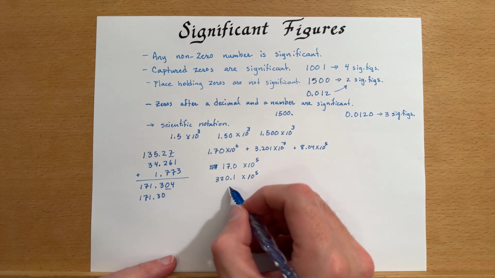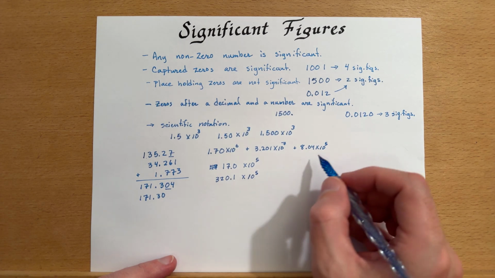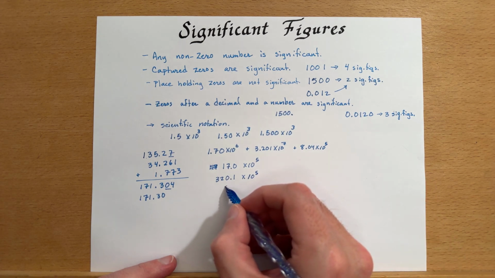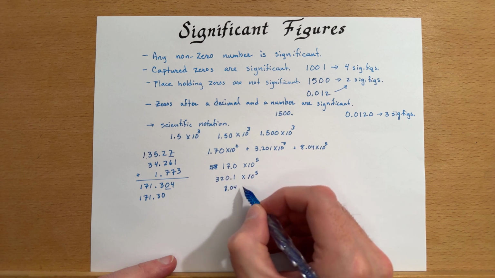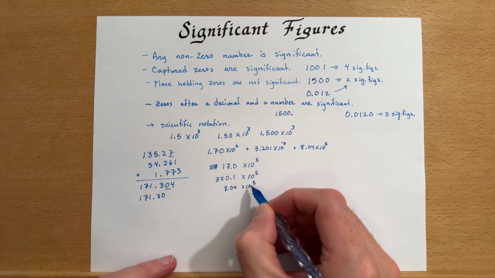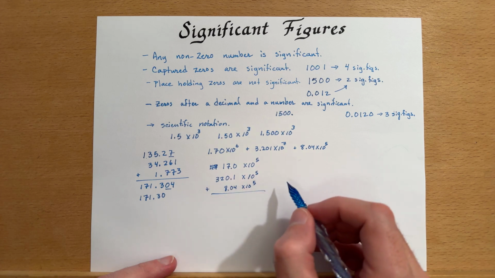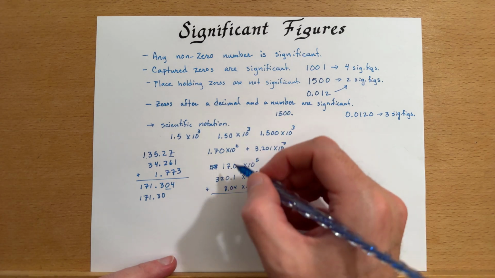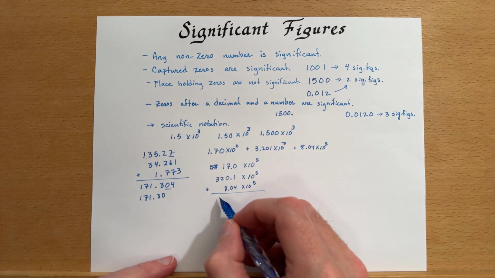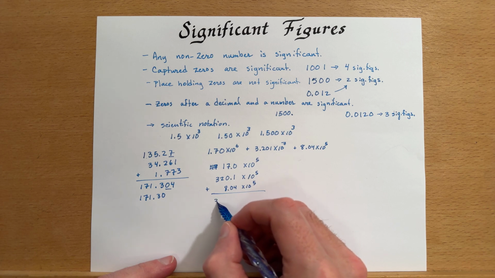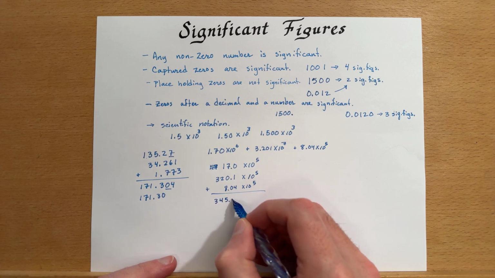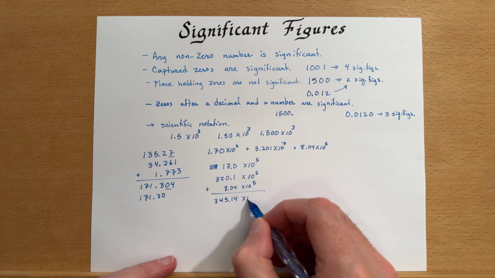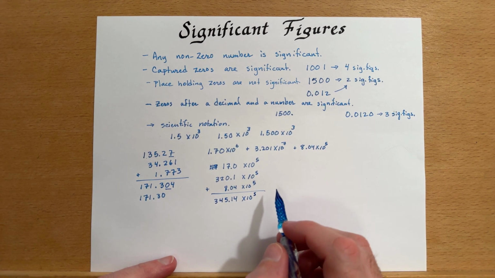And then this one's already in the desired exponent, so I don't have to do anything with that. And let's add these up. And so I would get 345.14 times 10 to the 5th.